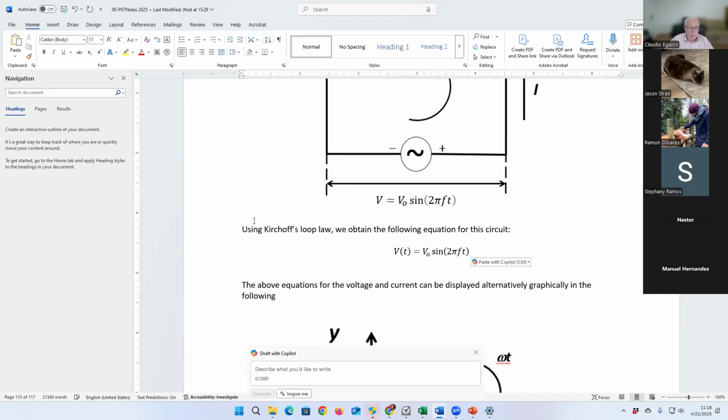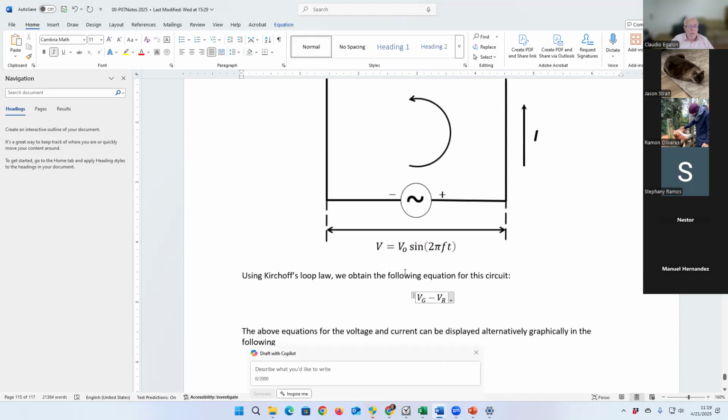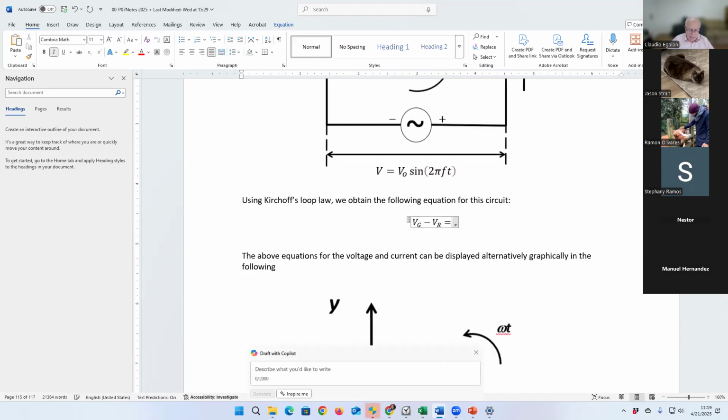We have just one loop, so it's going to be easy, right? First we have to go through the generator, and here you go, voltage of the generator, minus the voltage through the resistor. We have a negative sign because at this instant of time, we're going from a region of higher potential to a region of lower potential. We close the loop. Consequently, what we have on the other side is going to be 0.